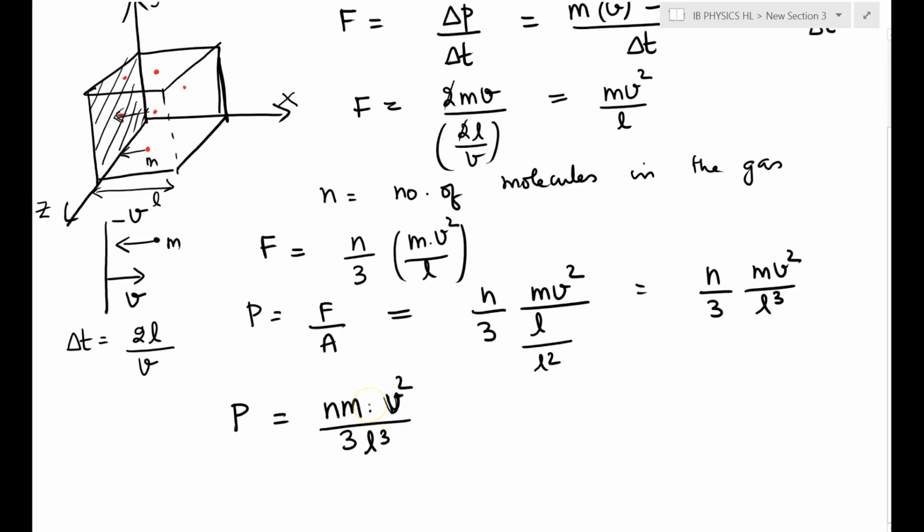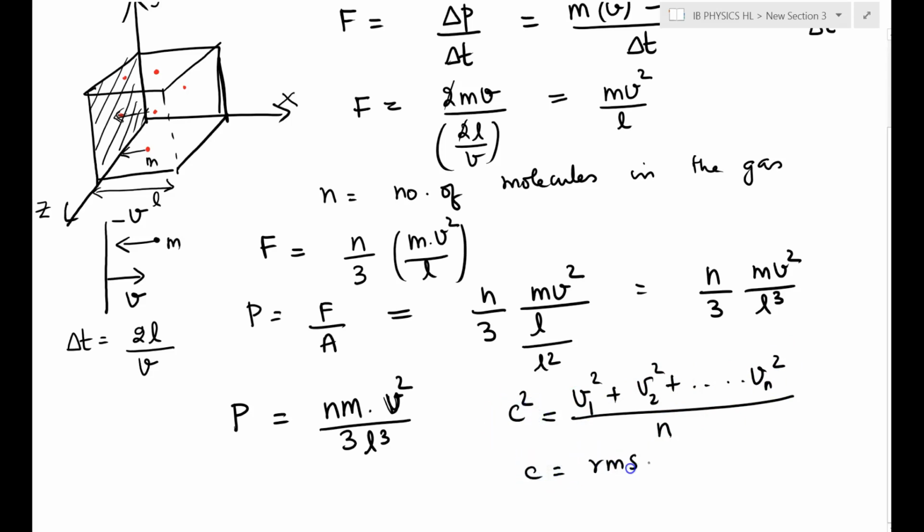And it is not simply the average, it is what we call the root mean square average. What that means is, if I average the squares of the speeds of all the molecules by just adding the squares of the velocities and dividing it by n, I get c squared, where c is what we call the root mean square velocity or root mean square speed of the gas molecule.